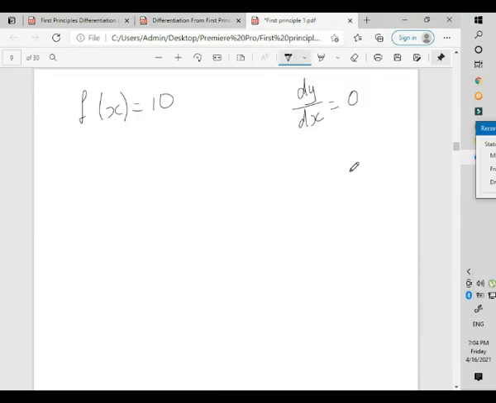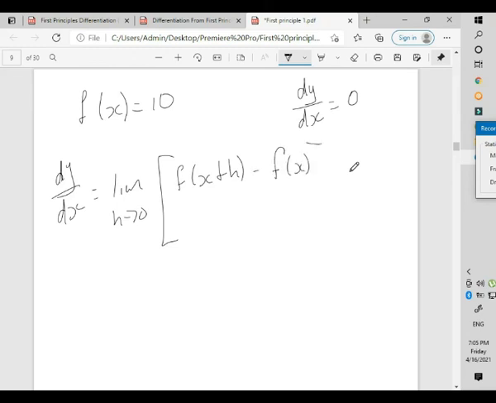Alright, so something to already focus on, right? I'll need to write the formula out, so just allow me a moment here to write this out. dy dx is equal to the limit as h tends to 0 of f of x plus h minus f of x, all being divided by h.